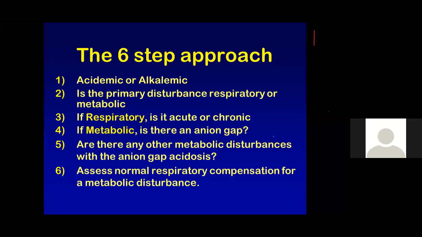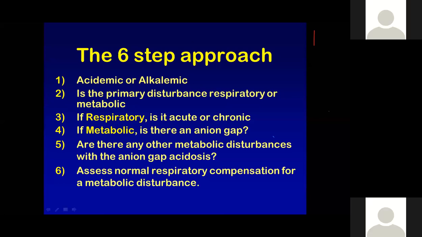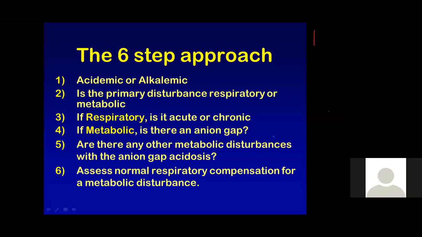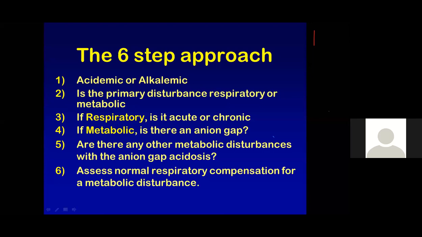And lastly, assess the respiratory compensation for a metabolic disturbance. So these are the 6 steps. Even if you forget the last 2 steps, that is the 5th and 6th, if you understand the 1st to 4th, that is very good, and you are going to manage the patient very well. So this is what we all have to keep in our mind.